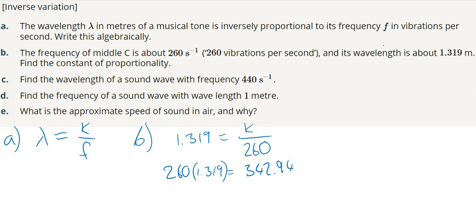342.94. And that's our constant. So that is essentially, if this was meters and this was 260 s to the -1, then it's meters per second.